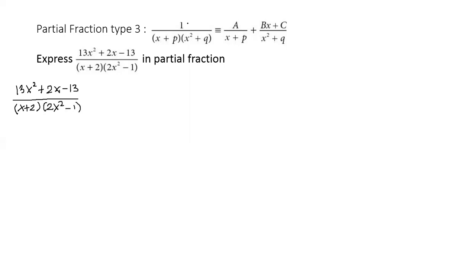According to this rule, we may write it down like this: A over (x plus 2) plus (bx plus c) over (2x squared minus 1), like this.